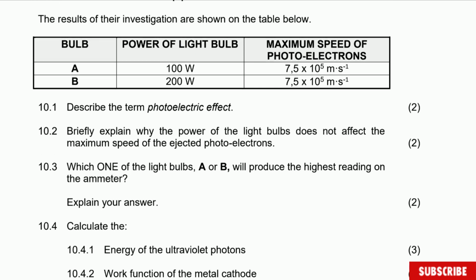As you change the power of light, the intensity of light will be either greater or smaller, and the intensity changes the number of photoelectrons, not the speed of the photoelectrons. As you change the power, you are changing the intensity, and the intensity of the light will only affect the number of photoelectrons because it comes with more photons.